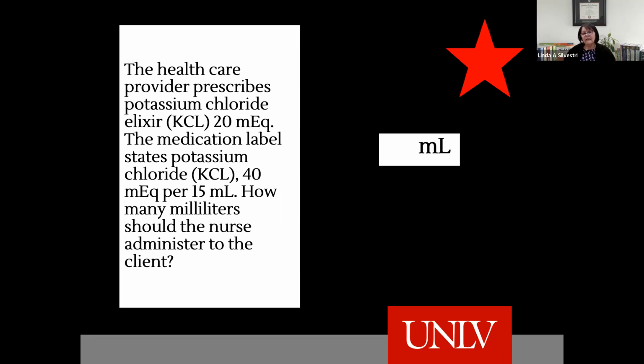Okay, so if you calculated that out, your answer would be 7.5 mLs. So you would type in 7.5, okay? Potassium, I'm not sure, I didn't hear all of Lisa's presentation yesterday, but potassium can come as an elixir. So that's a liquid med, and it has a terribly horrible taste.